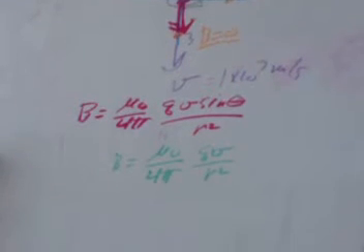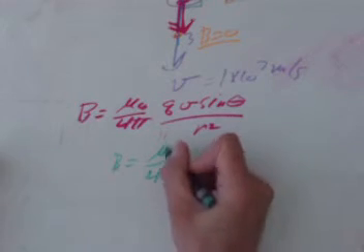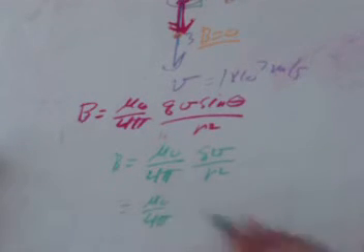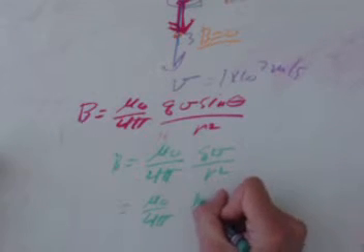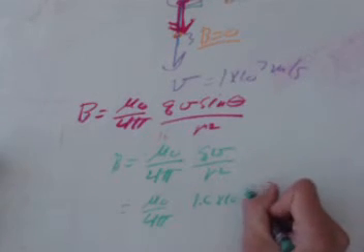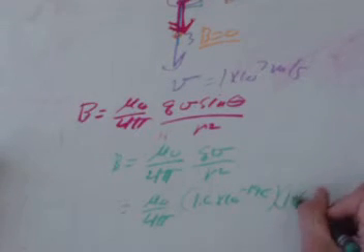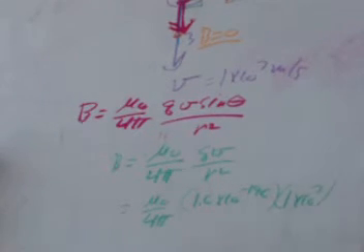And so now you're just filling in the numbers. The mu naught over 4 pi is a constant which you can look up. The q is the charge on the proton, 1.6 times 10 to the minus 19 coulombs. The v is given in the problem, 1 times 10 to the 7th meters per second.